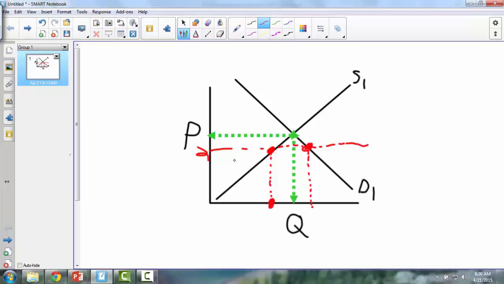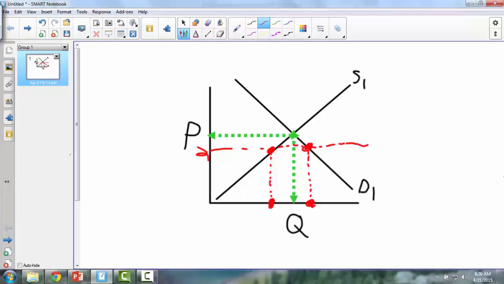Conversely, on the consumer side of the market, because of the law of demand, the quantity demanded is significantly higher at this $2 price point. So once again, the quantity demanded is greater than the quantity supplied, and this is called a shortage.